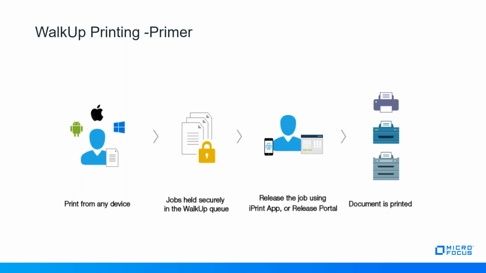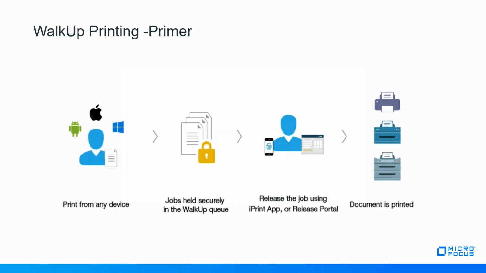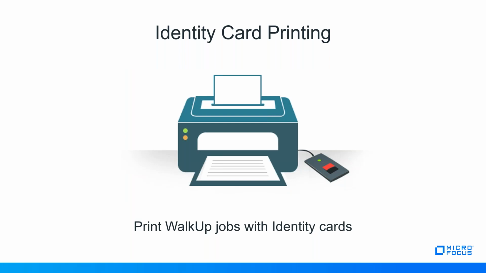You walk up to the device, and use your mobile or a browser to release your print jobs onto the printer. Unless you manually trigger the release, your jobs do not get printed out on any printer. So we use the walk-up printing mechanism to implement the advanced authentication, implemented on top of walk-up printing.